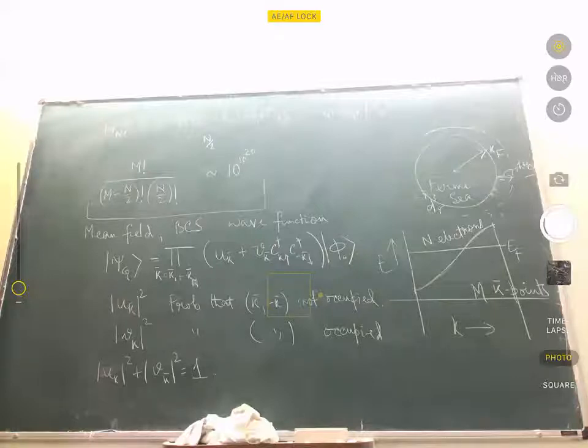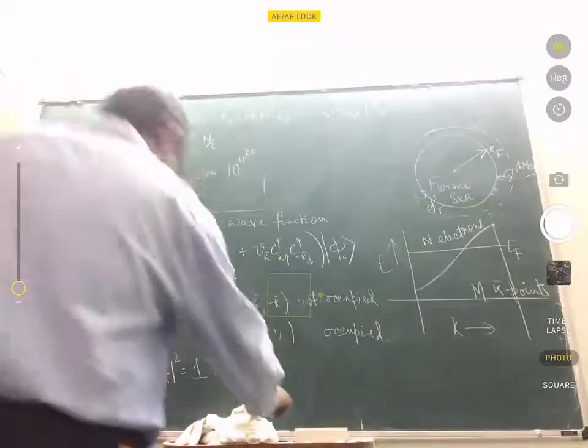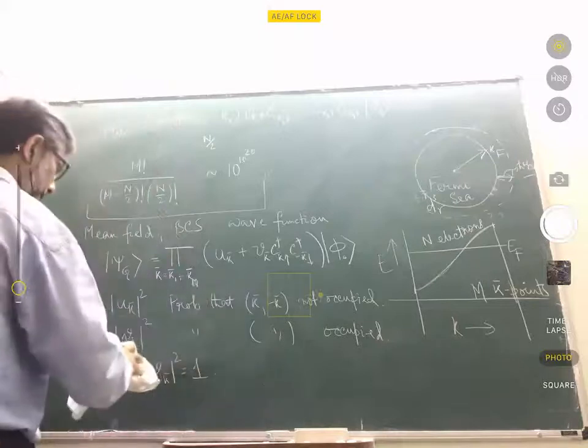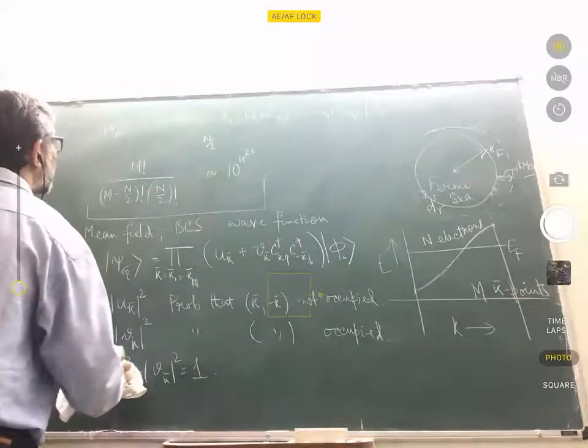So what next? What you can show starting from this wave function is that the average number of particles is something you can calculate in terms of these u_k's and v_k's. So that's an exercise. Let me try to do that.